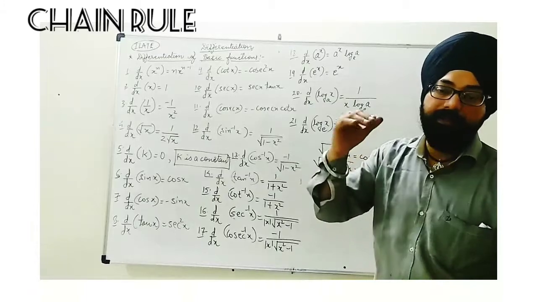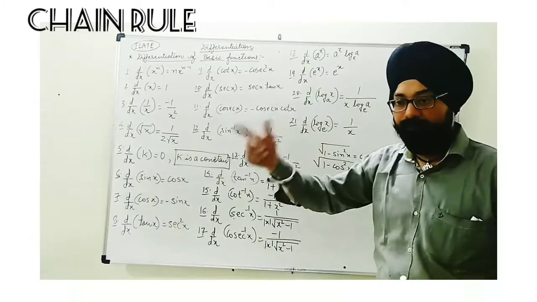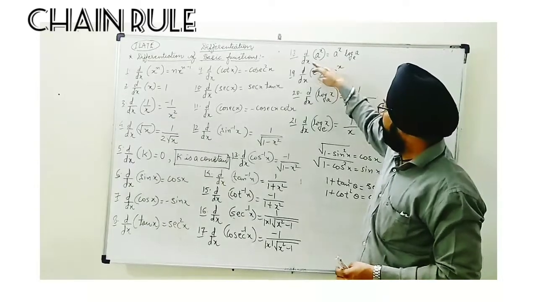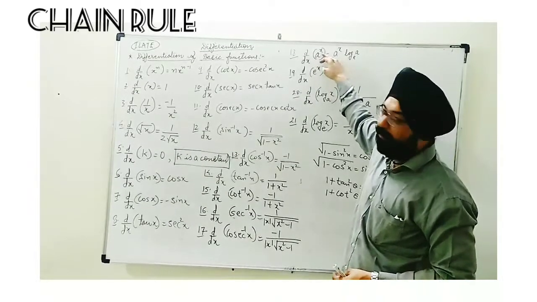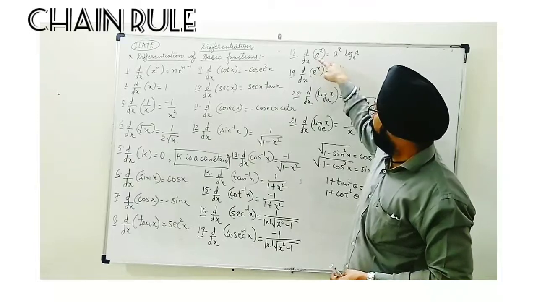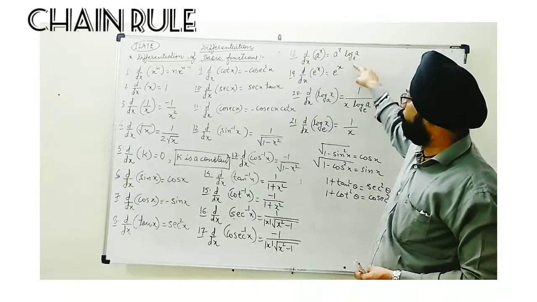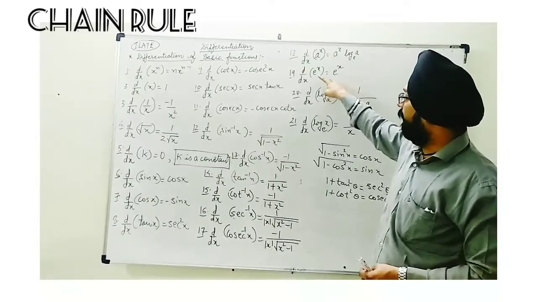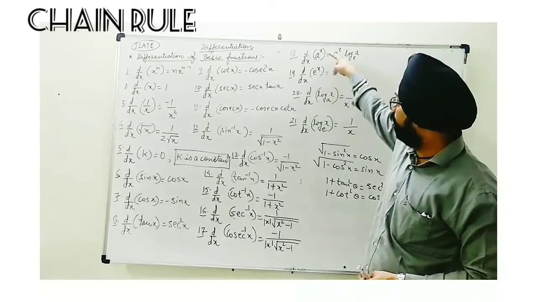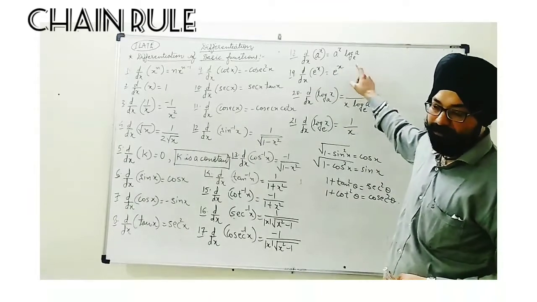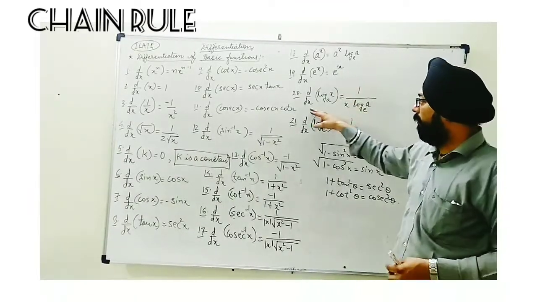So when the variable or some function of it comes in the power, then only we say this to be an exponential function. When I have written a raised to the power x, here a is a constant. So when a raised to the power x is given, its differentiation is a to the power x log of a to the base e. And when it is e to the power x, a special case of the previous one, it becomes e to the power x as it is. The simplest differentiation of all.